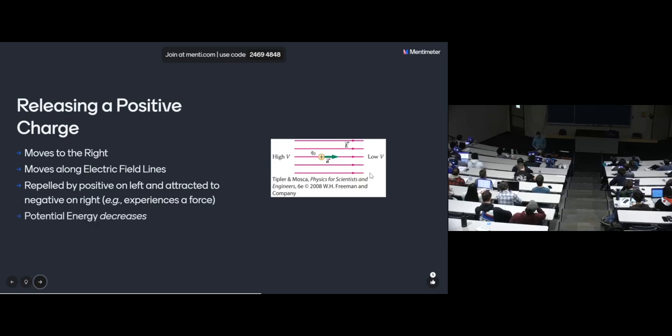Or I could say that it's moving in the direction where it decreases its potential energy, right? When you release any object, it spontaneously wants to move in the direction that releases or decreases potential energy. Or I could say that in this case, the electric potential energy decreases.